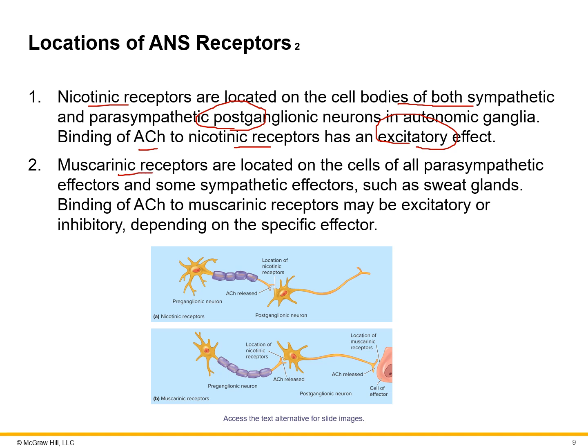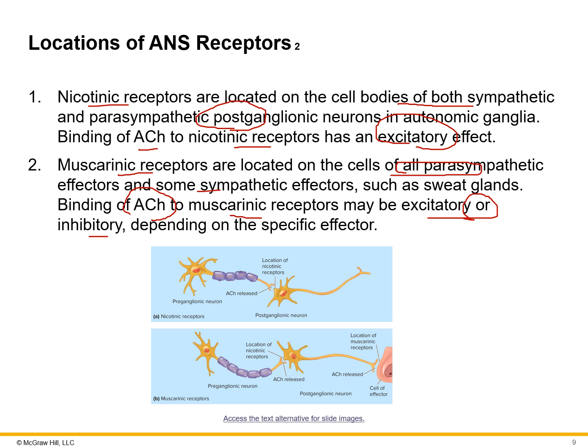Now, muscarinic receptors are located on the cells of all parasympathetic effectors, so not sympathetic, only parasympathetic, and some sympathetic, like sweat glands, for example. Again, these also bind acetylcholine, but to muscarinic receptors, and they can be excitatory or inhibitory depending on the specific receptor or effector.